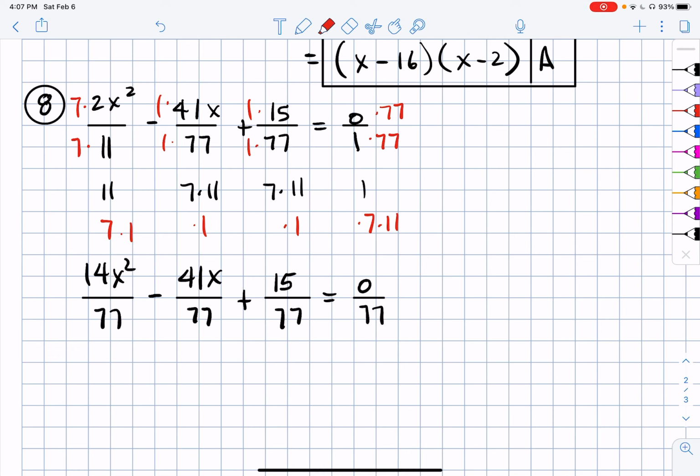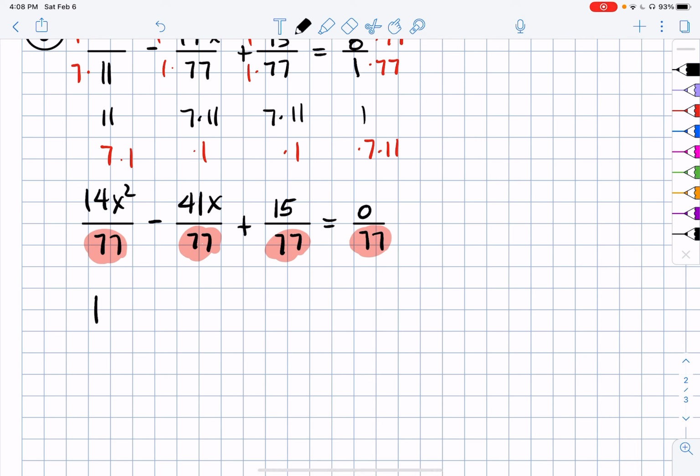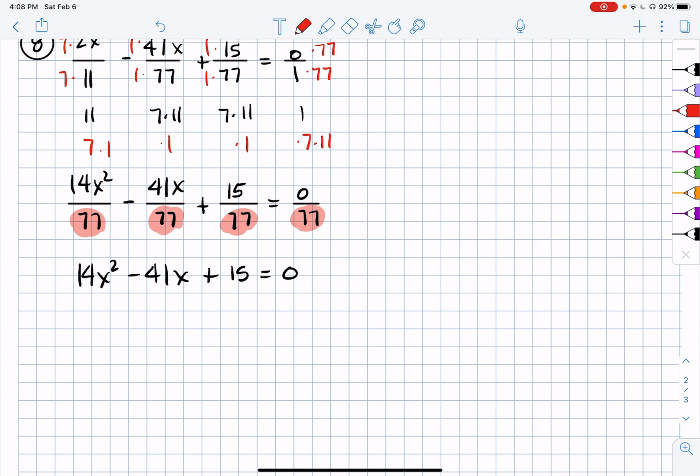All right, so you notice the denominator is the same, the same, the same, the same. Okay, so that means I can get rid of the denominator and just call this 14x squared minus 41x plus 15 is equal to 0. Okay? All right, so now I can factor. Now, there is no GCF here. Right? So I'm going to have to go into the AC method, bring this all the way back up here.